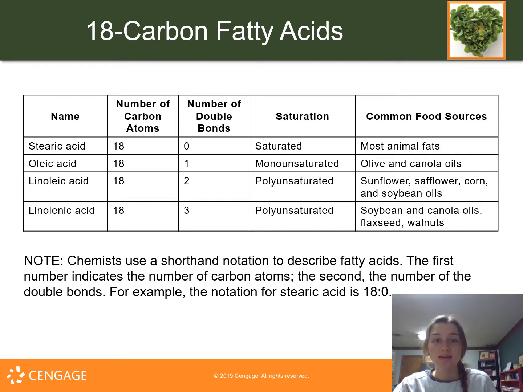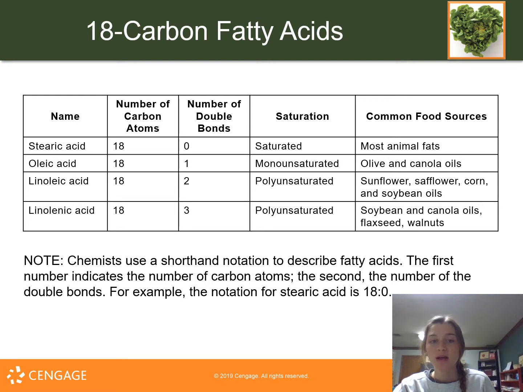Stearic acid is going to have 18 carbon atoms but 0 double bonds, so that makes it a saturated fat, and that's going to be found in most animal fats. Then we have oleic acid, which is 18 also, but it has 1 double bond, which makes it a monounsaturated fat. That is the most common type of monounsaturated fat in food, and that's going to be linked with olive and canola oils.